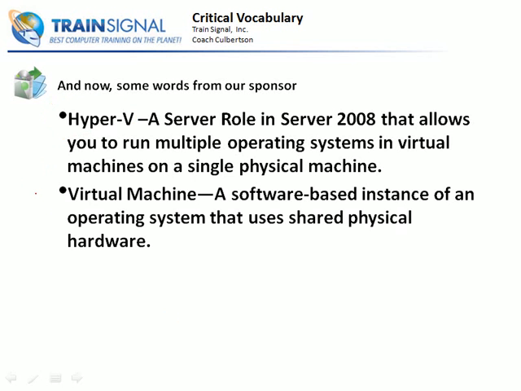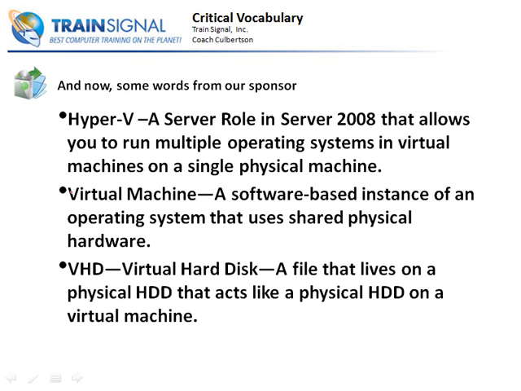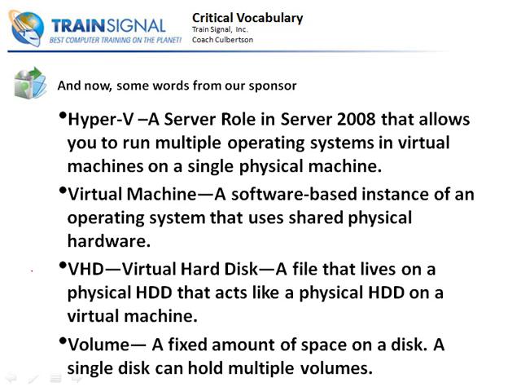A virtual machine is a software-based instance of an operating system that uses shared physical hardware. A VHD is a file that lives on a physical hard drive that acts like a physical hard drive on a virtual machine. And last but not least, we talked about volumes a little bit. Remember that a volume is just a fixed amount of space on a disk, and a single disk can hold multiple volumes.